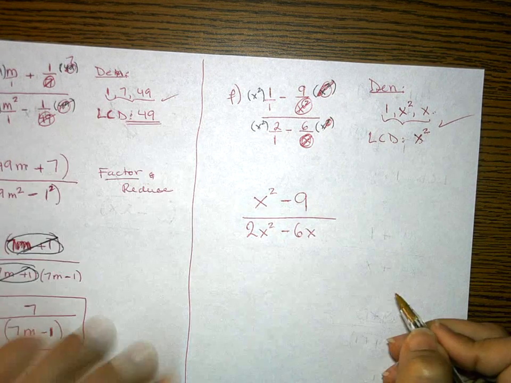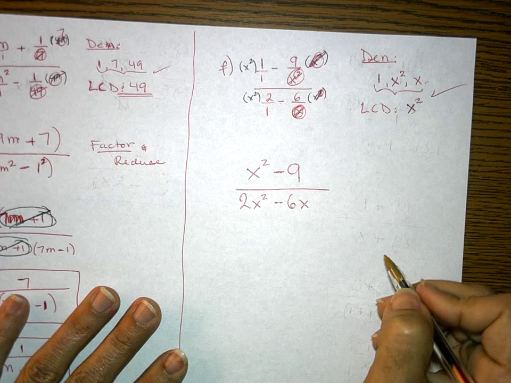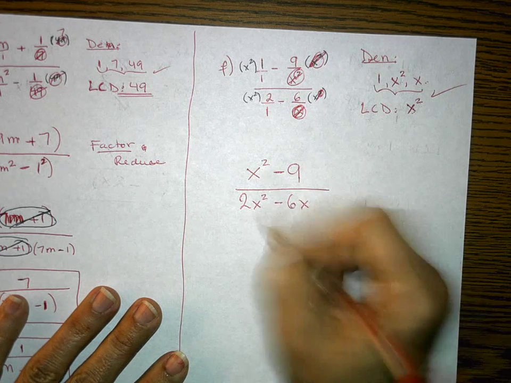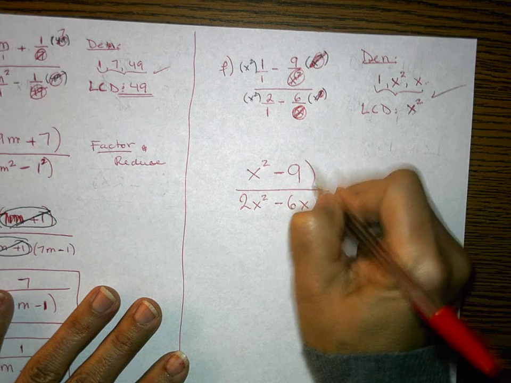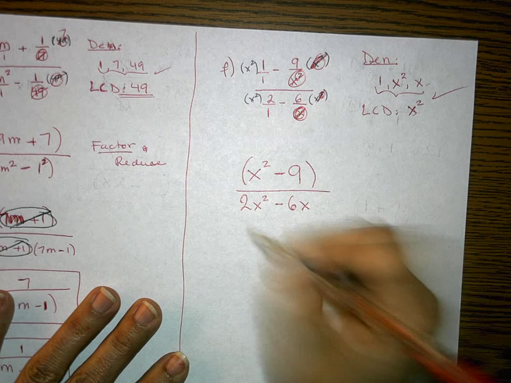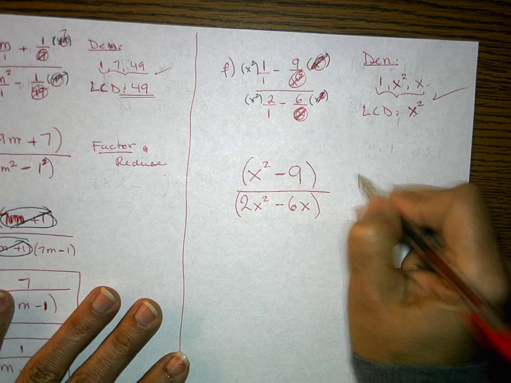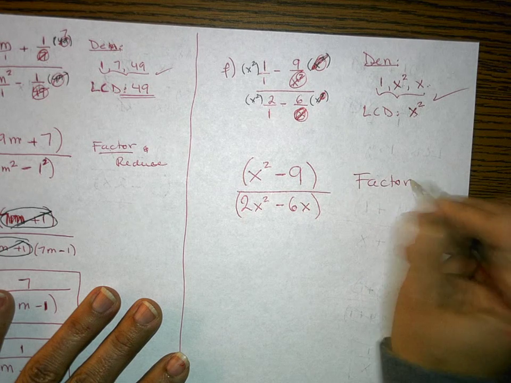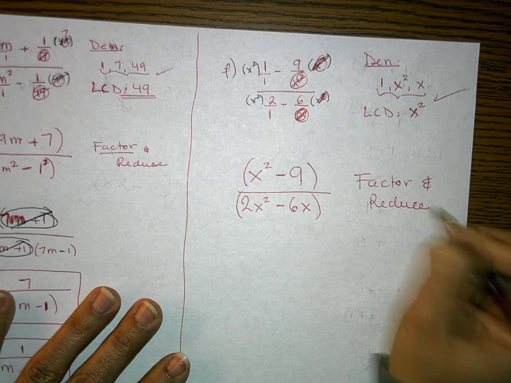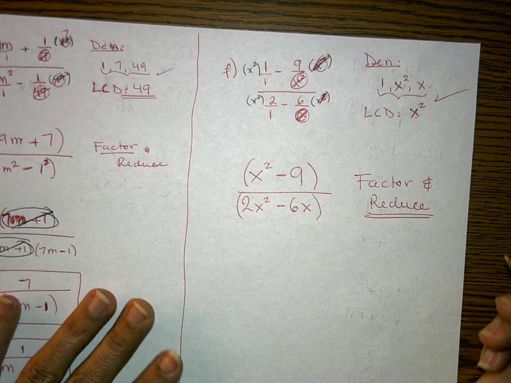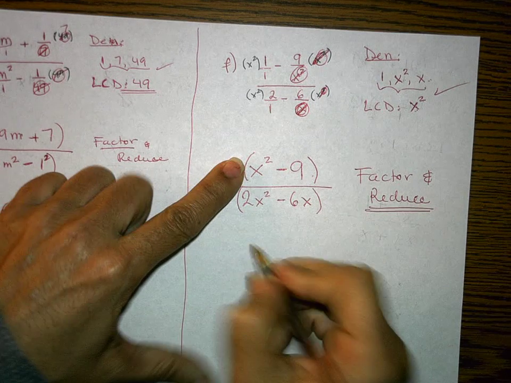All right. I cannot reduce x's with x's, 2's with 9's with 6's. Stop thinking that. This is a group, it's a binomial, and this is another group. We must factor, and then we are allowed to reduce. Put that in your minds. We must factor it first. So here I see a difference of squares.